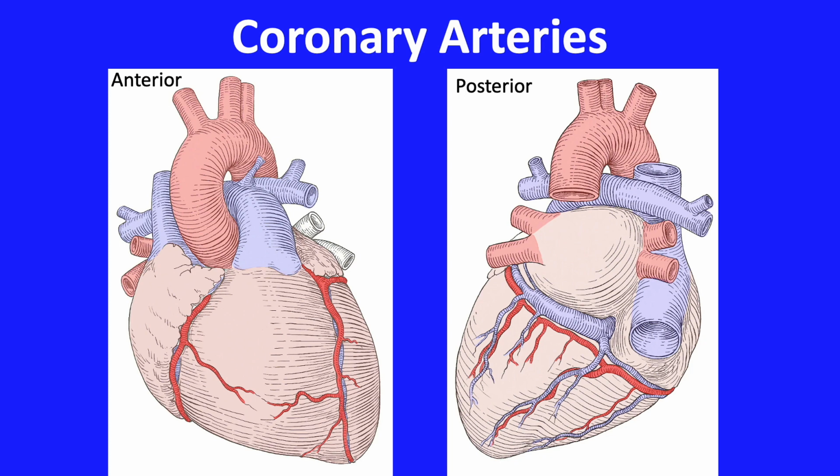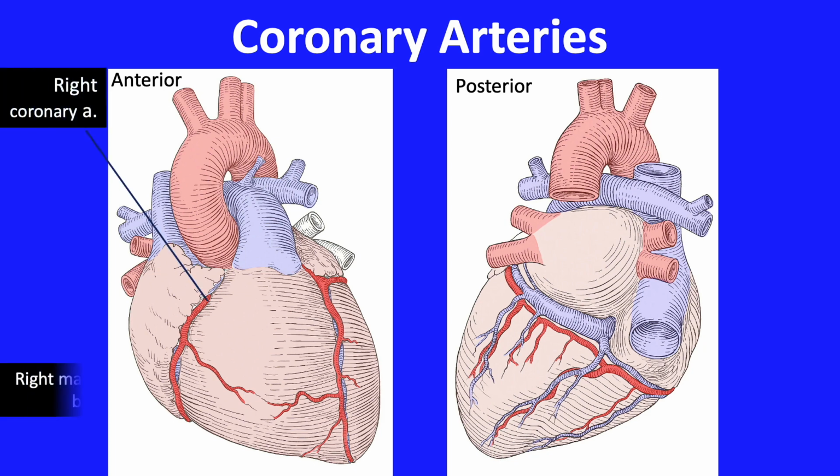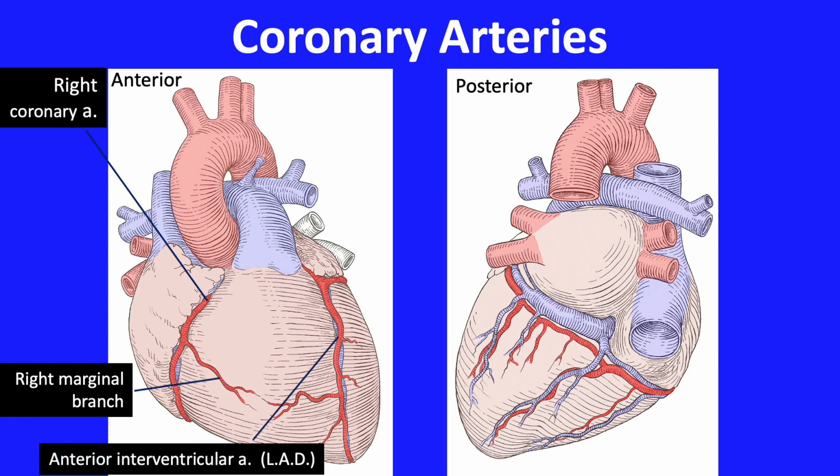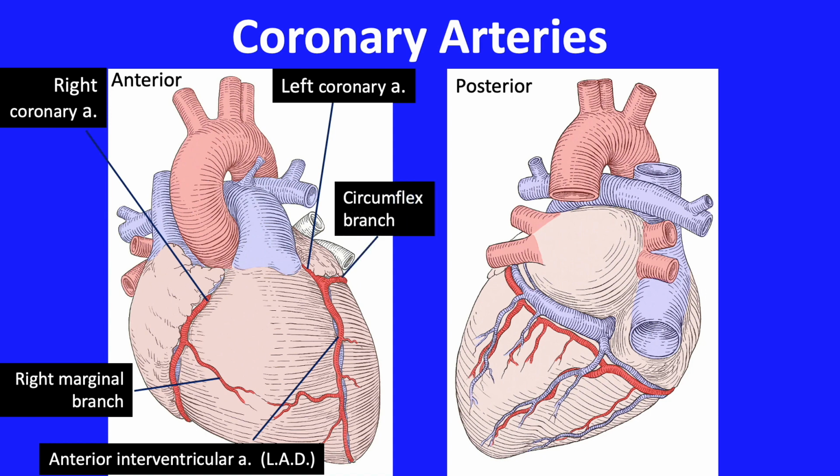On the anterior view, I again label the arteries I showed previously: the right coronary, the marginal branch of the right coronary artery, the anterior interventricular artery, and the left coronary artery. Note that in this rendition, the left coronary artery is illustrated in the drawing. But now there's another artery not mentioned previously, the circumflex branch of the left coronary artery.